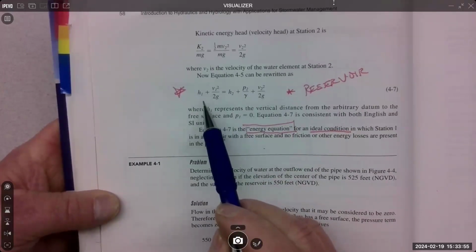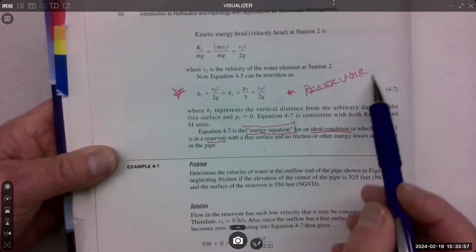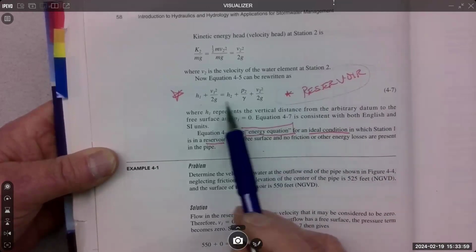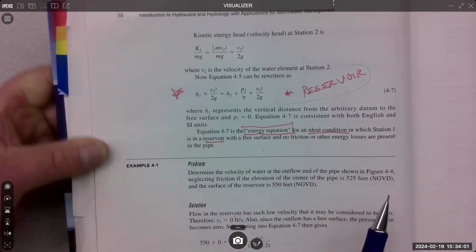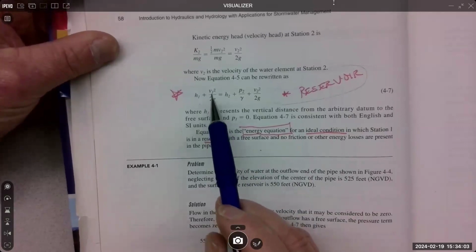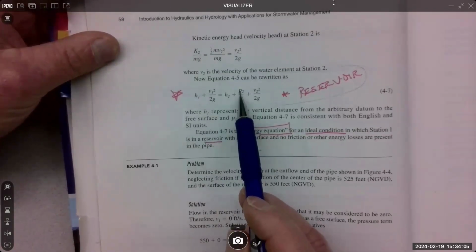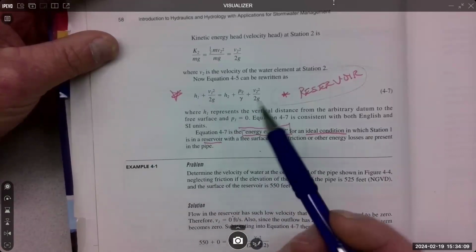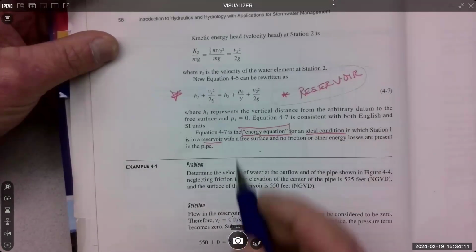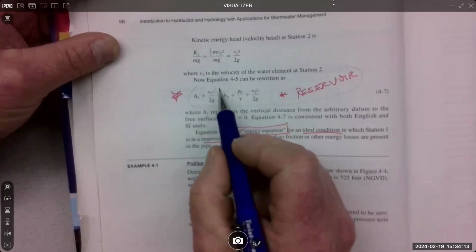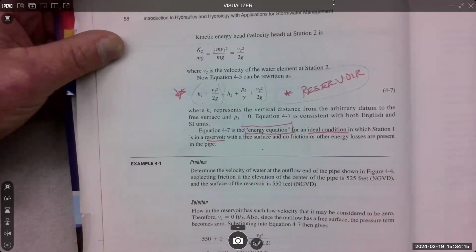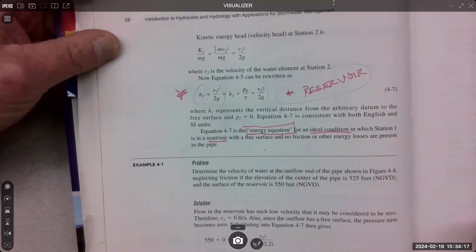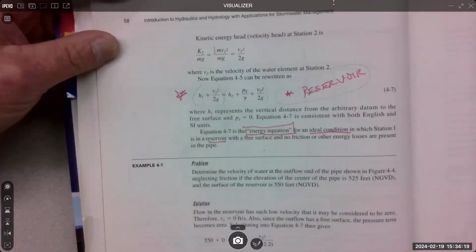That's this, right? Now this, they couched it for a reservoir, so certain things will drop out. Like, for example, there's no P1 over here, there's P2 over here, right? So the way the energy equation sets up is this side is equal to this side because we have conservation of energy, okay?